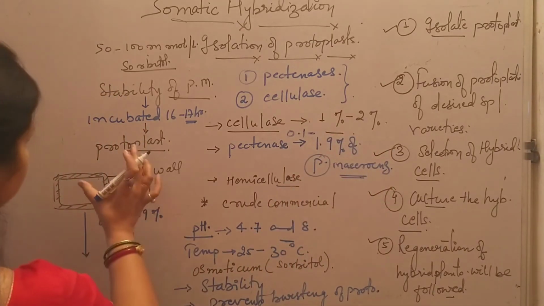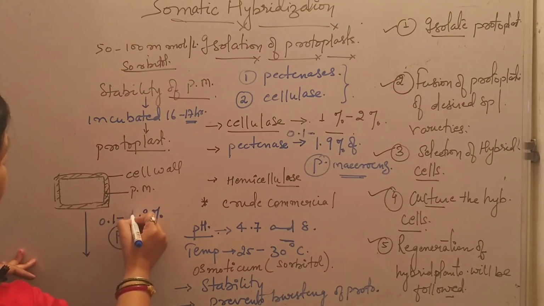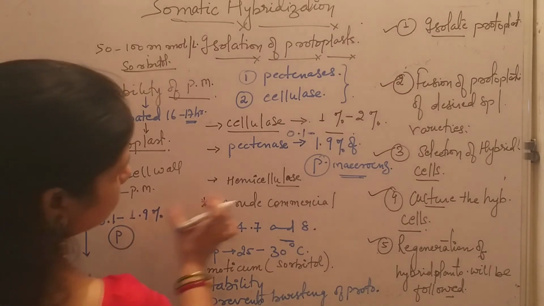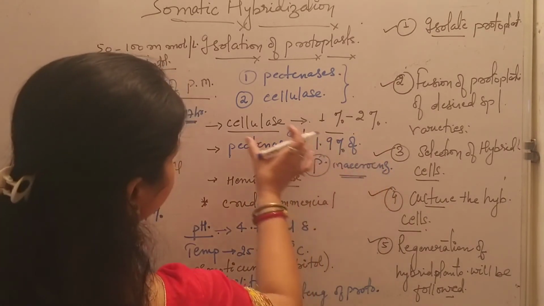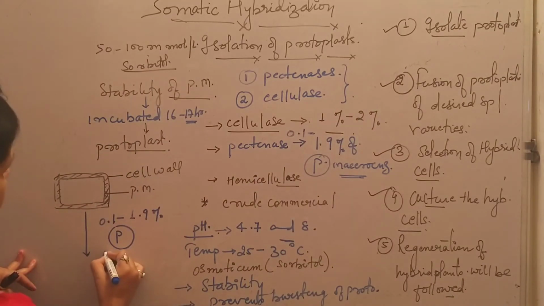So to isolate the protoplast, we will apply 0.1 to 1.9% of pectinase enzyme or macerozyme, and cellulase is applied at 1 to 2%.